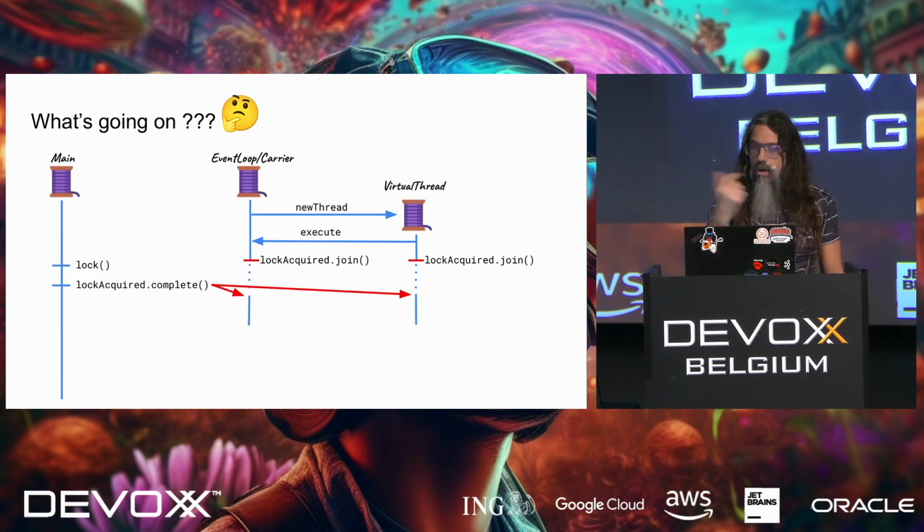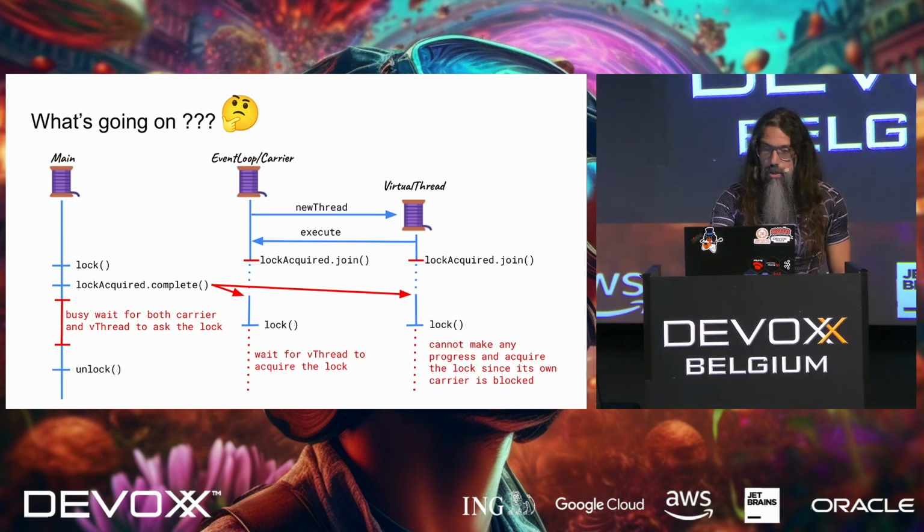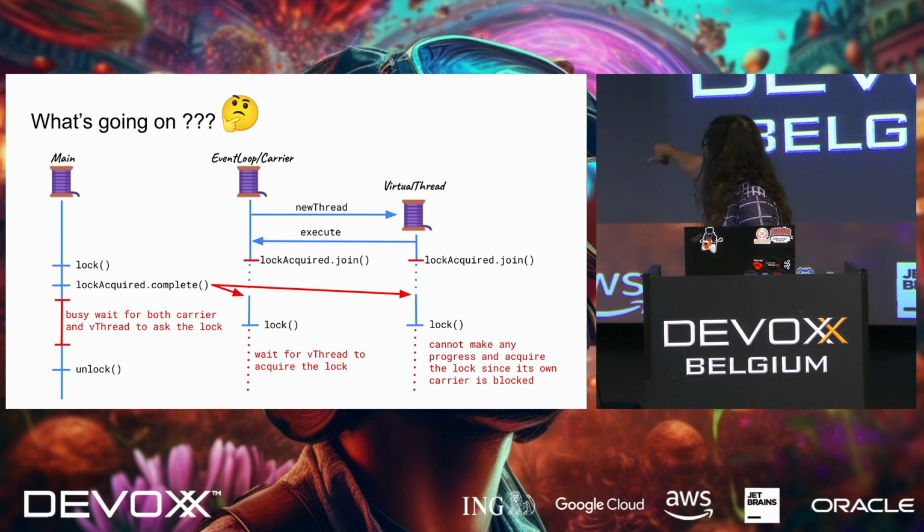The main thread acquires the lock, signals to the other two threads that it is done, and does that busy wait to be sure that both have asked for the lock. At this point, the main thread does the unlock, but none of the two threads can make any progress.